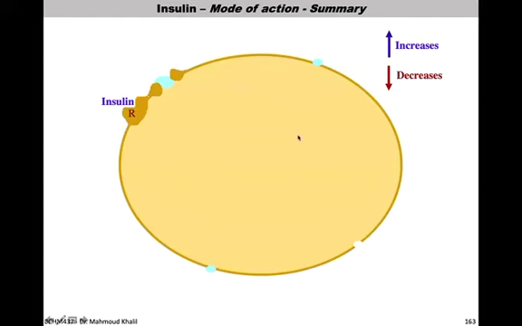So let's see here a summary of the figure. The blue arrow shows increase, and the red arrow shows decrease. Once insulin binds to the receptor, as we said, the internalization of glucose will increase. And of course, glucose 6-phosphate is made.